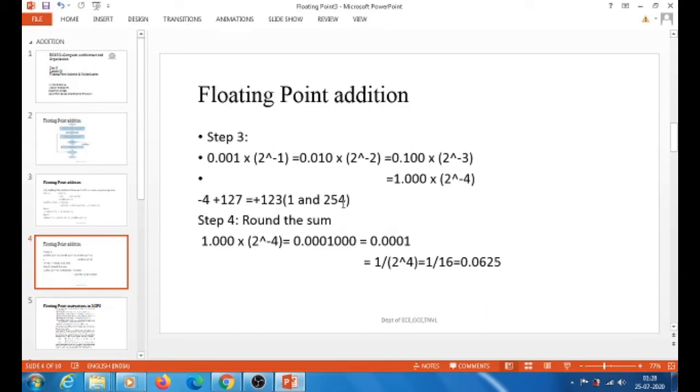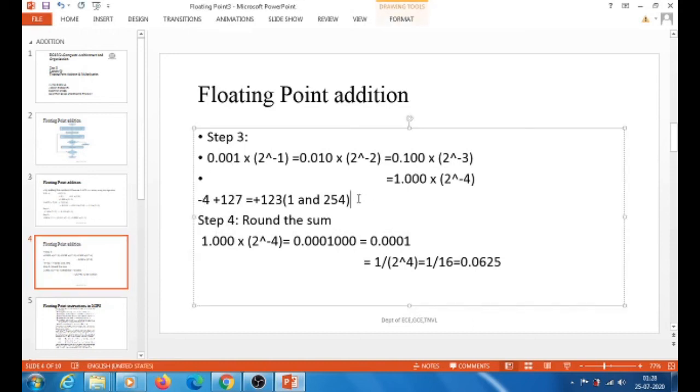So there is no disturbance in representing this minus 4. So we can represent this plus 123 as a binary value in the exponent field of the registers. So this is the normalized sum. Okay, the sum is normalized here, and next we need to check for overflow or underflow. So in this step we check for overflow or underflow.